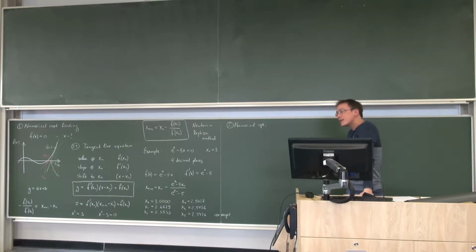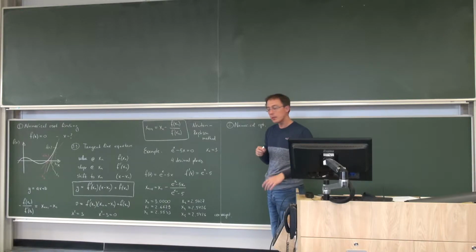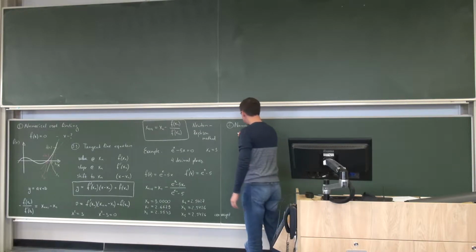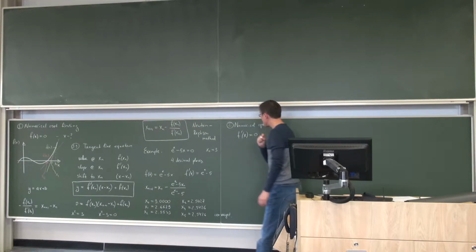Remember the first thing that we did when we discussed numerical optimization? In the univariate case, we concluded from some simple geometric patterns that the minimum or the maximum is the point where f prime of x is 0.